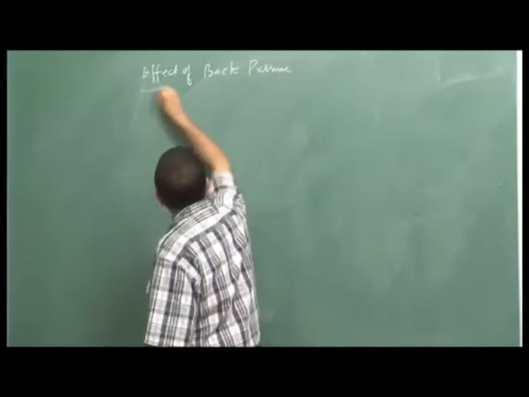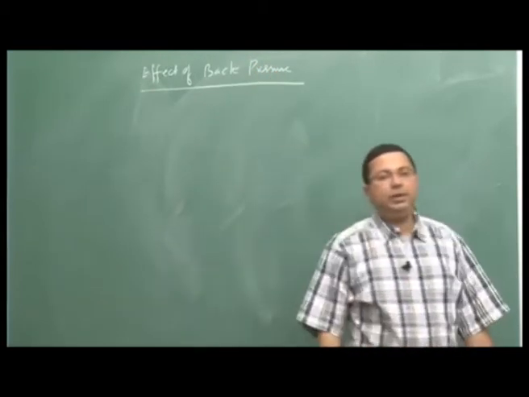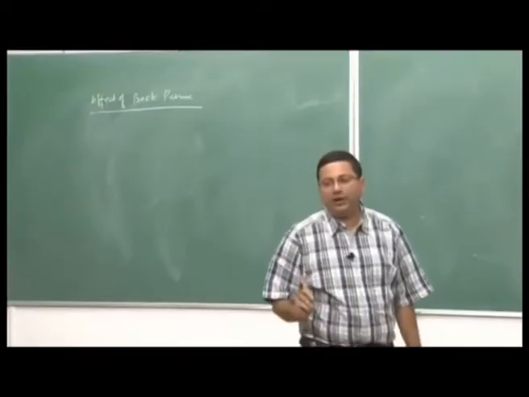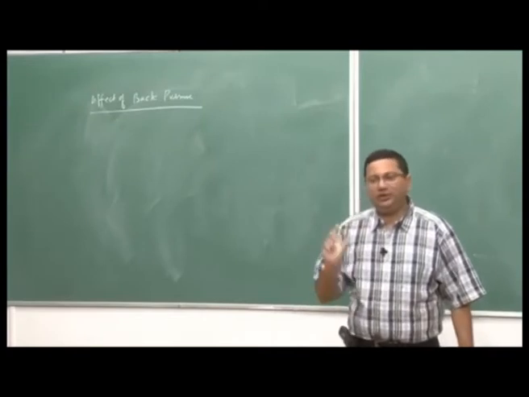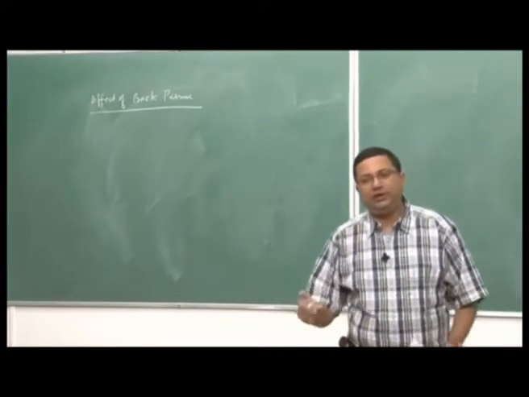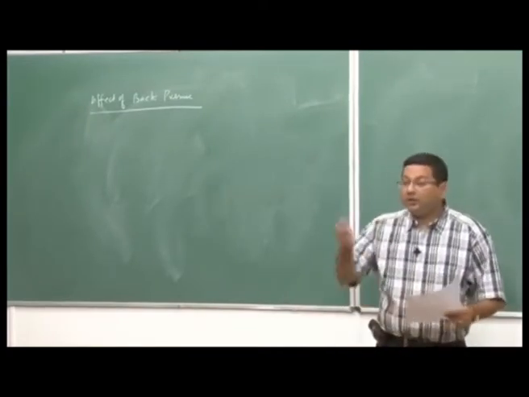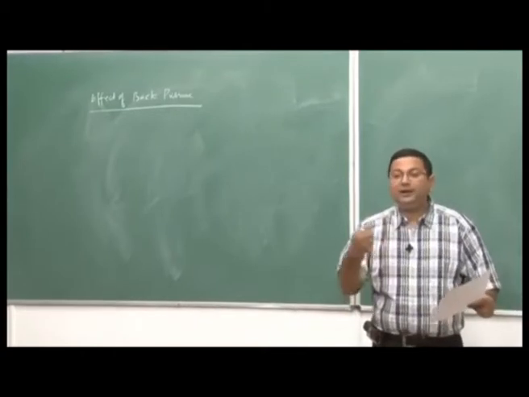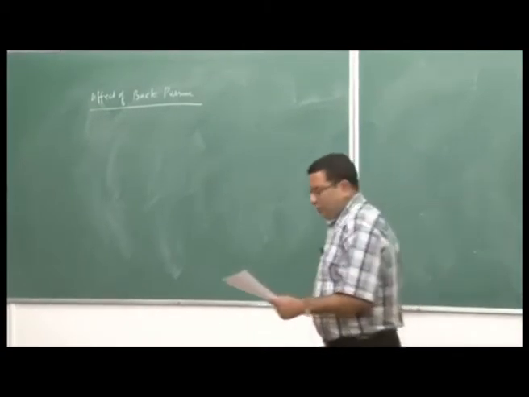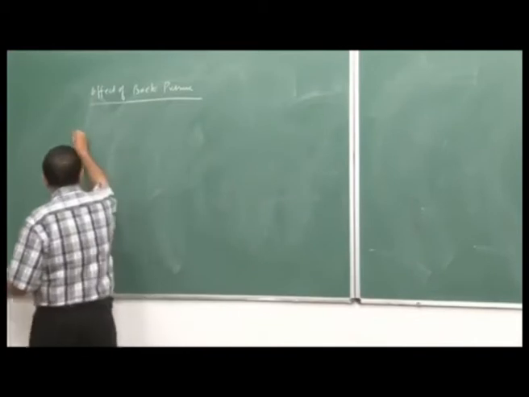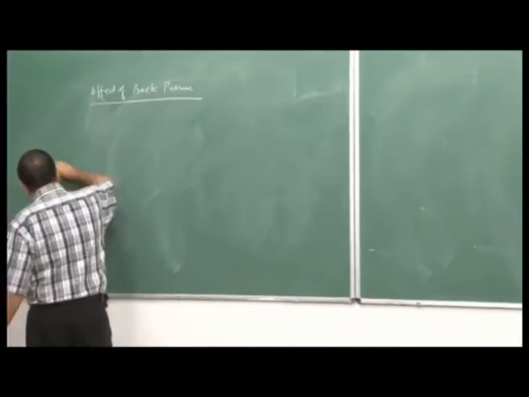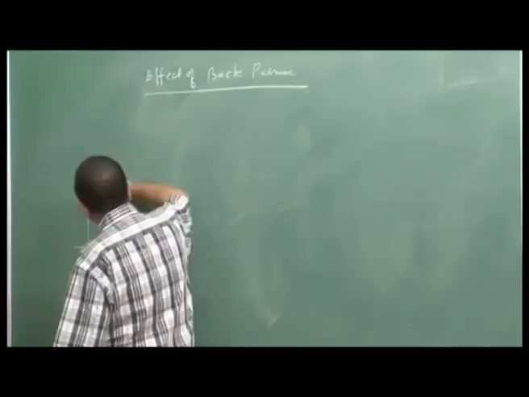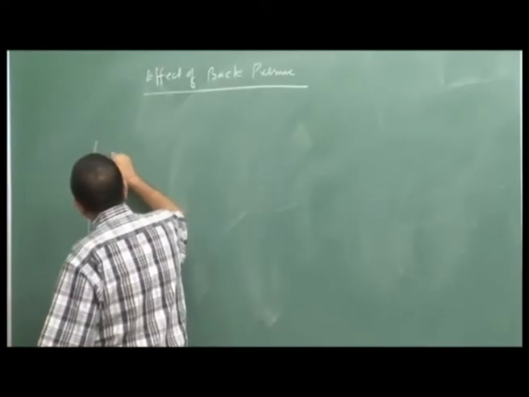First of all, I would like to point out here that this back pressure is not going to affect our flow rate, because our nozzle is choked. It is a converging diverging nozzle, the nozzle is choked. So, flow rate is not going to be affected, but it is going to affect the flow inside the diverging portion. A rocket on the ground at sea level experiences a different back pressure, and as it goes up the pressure drops.